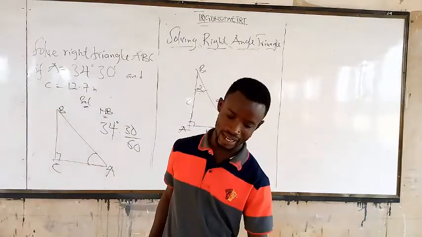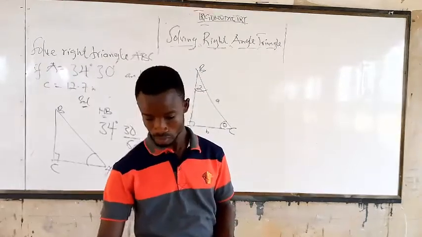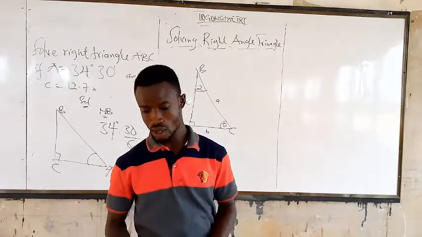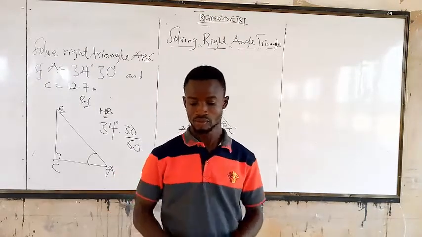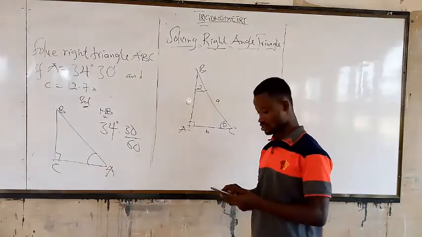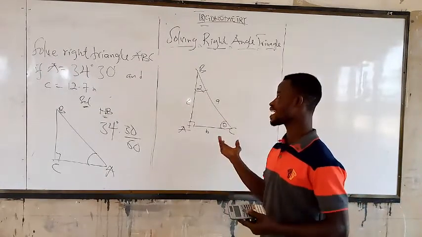When you divide that by 60, you get half.